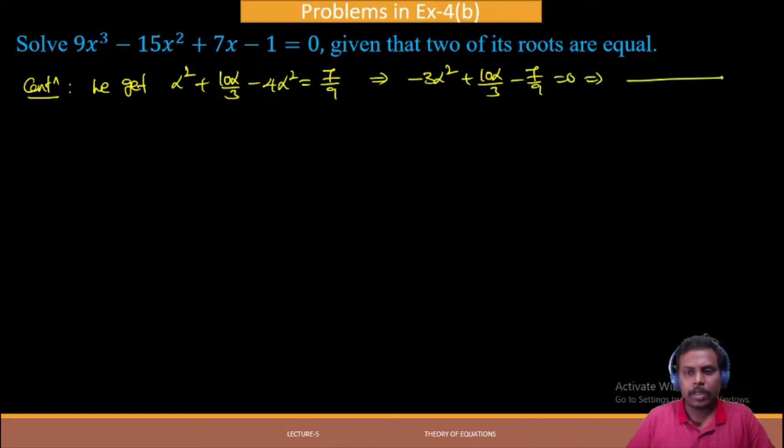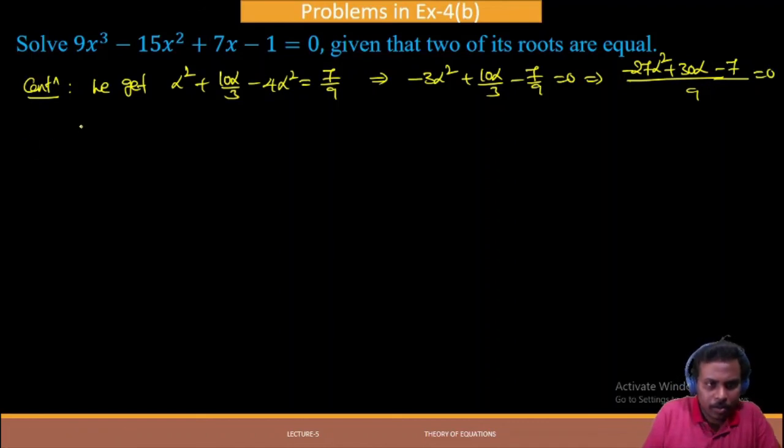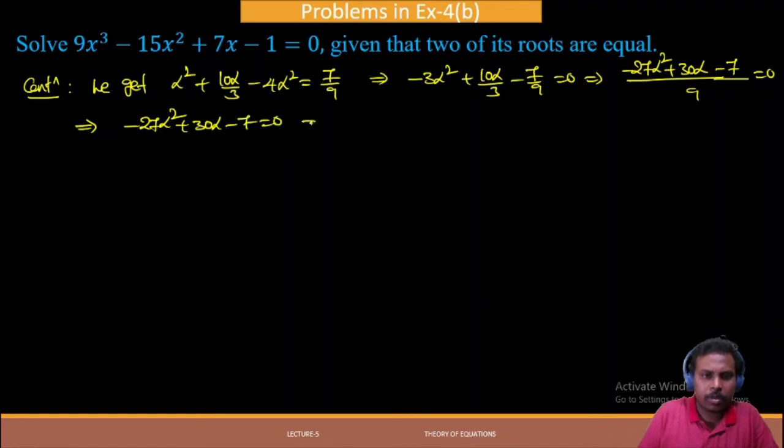Implies, so the LCM is 9 here. So it is minus 27 alpha square plus 30 alpha minus 7 is equal to 0.